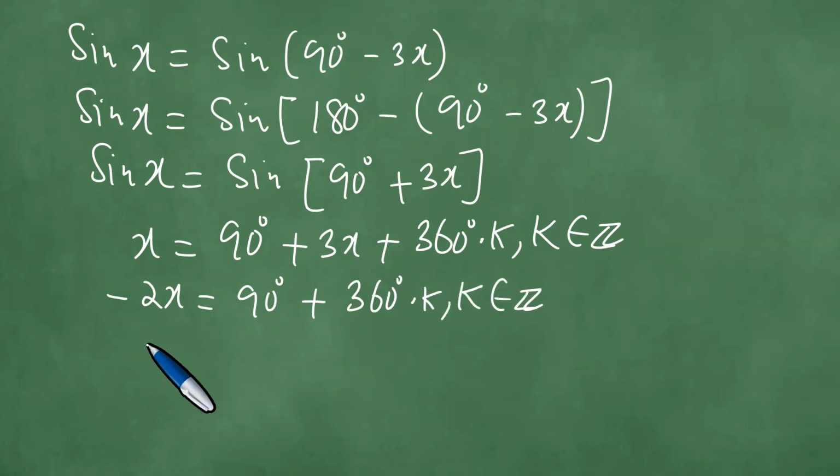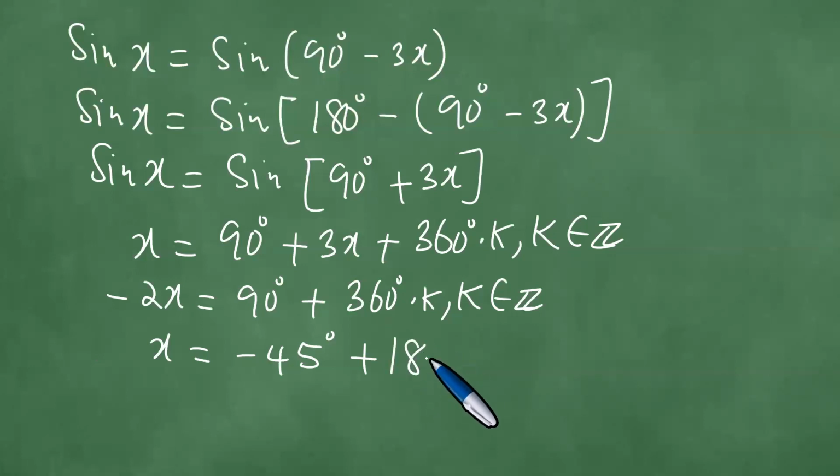Dividing both left and right by -2 gives us minus 45 degrees. Dividing 360 by -2, we can maintain it as plus because it's multiplied by integers which take plus or minus.